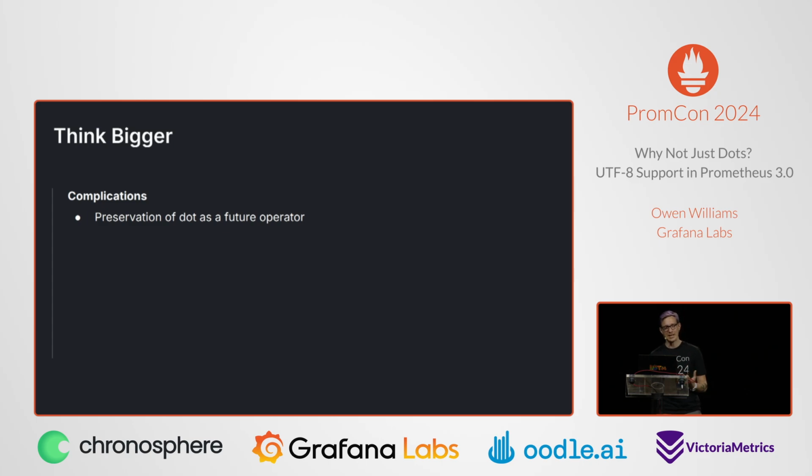This is one of the reasons why it was specifically excluded from the beginning: the dot could be used for a sum or aggregations of some sort, or operations on your metrics as part of the query. This may yet still be used for native histograms. It's still somewhat of an unknown, but it is a thing that the Prometheus community would like to preserve as an option.